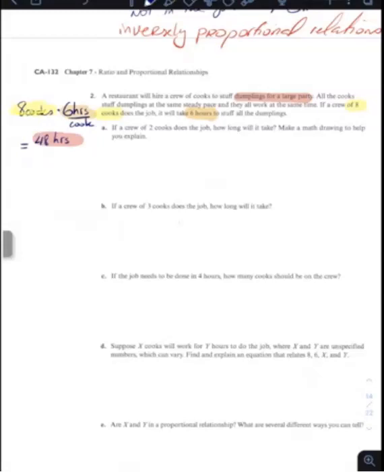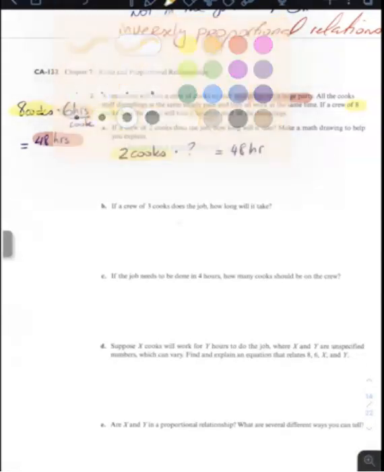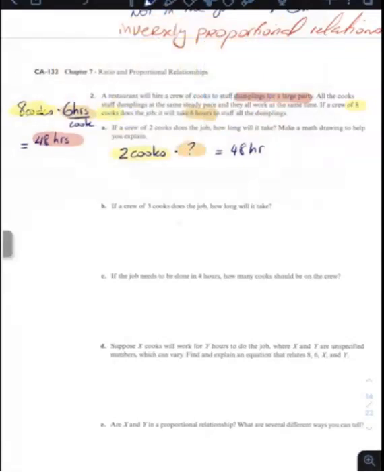If a crew of 2 cooks does the job, how long will it take? Well, 2 cooks times how long will be able to do a 48-hour job? Each cook will have to work 24 hours per cook.